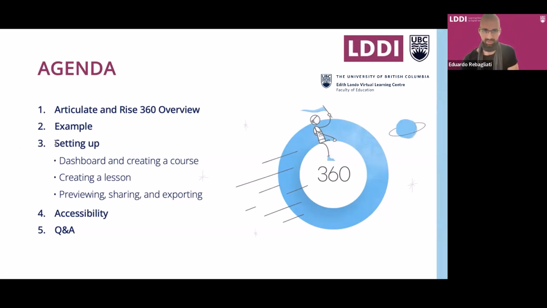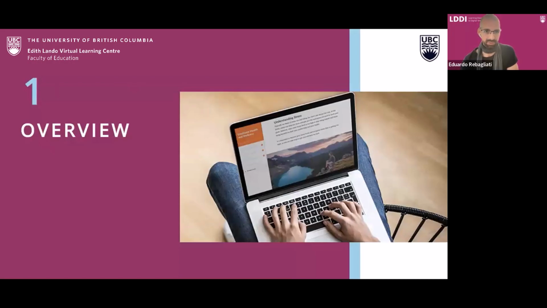This is the technical side of it. We will not go into much depth, but we just want to show you how easy and user-friendly this tool is. Then we'll quickly discuss accessibility, and we'll finish off with Q&A if you have some questions or things you would like to discuss with us. So let's start with the overview.